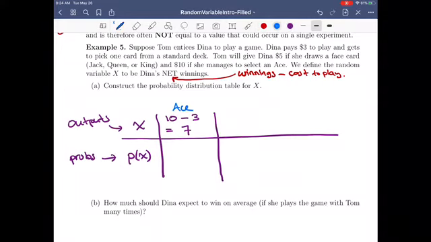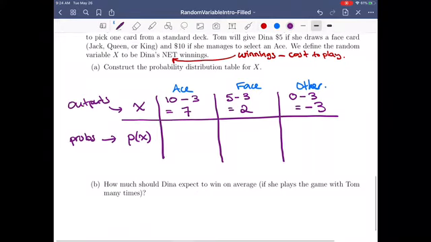Now she might pick a face card. In that case, Tom told her he would give her $5, but again, she paid $3, so her net winnings are $2. Now if she picks anything else, she doesn't win anything, but she paid $3. So the x value is minus 3. She loses $3 here.